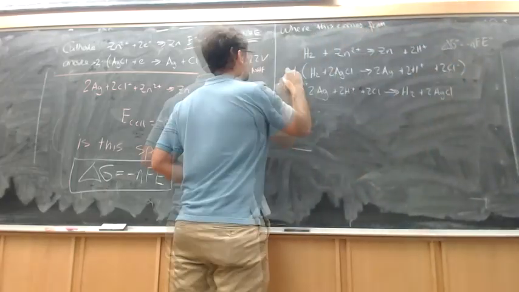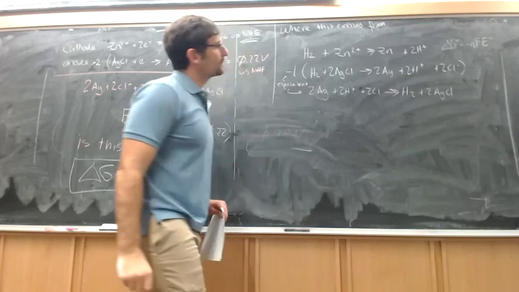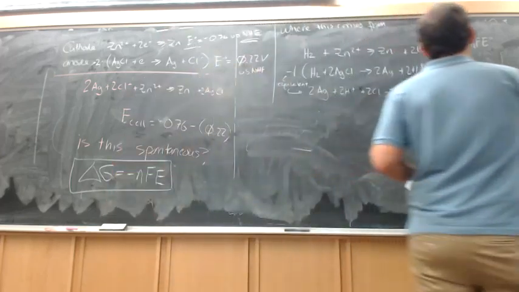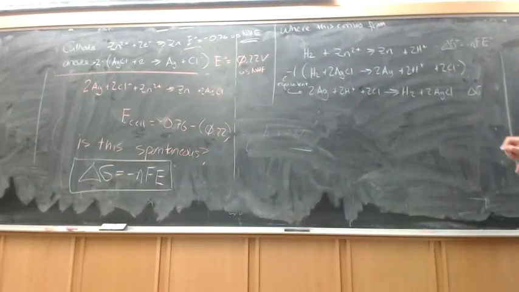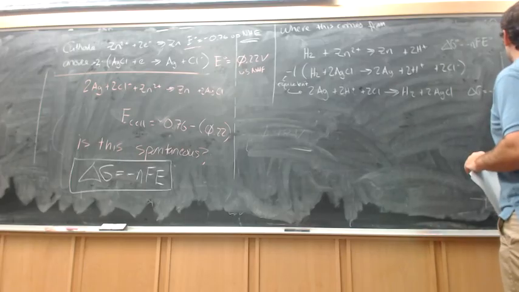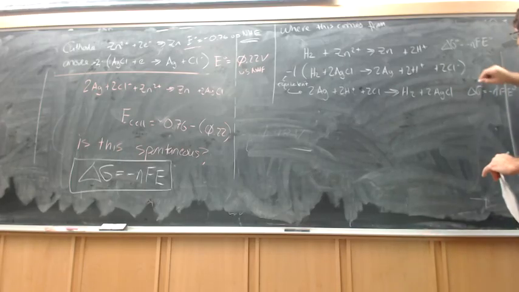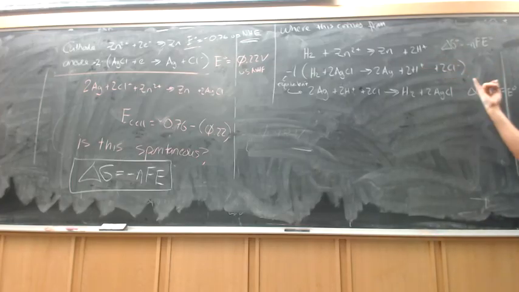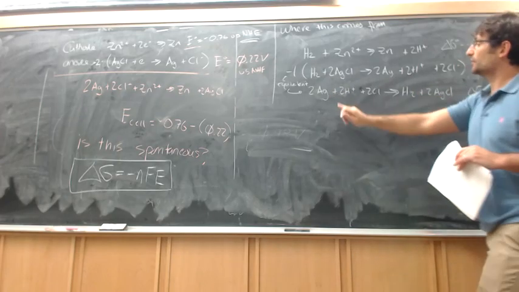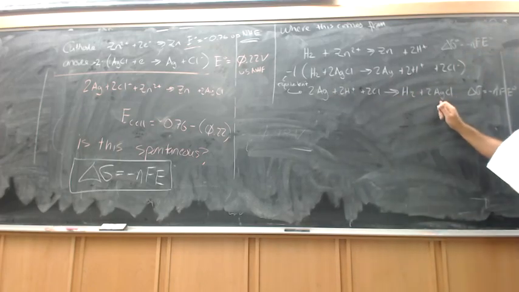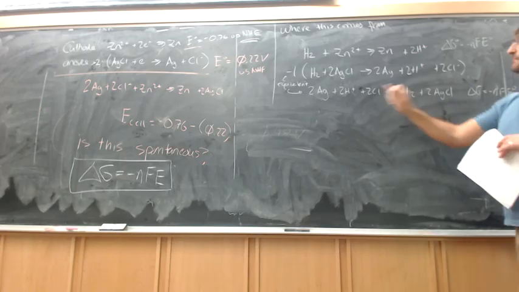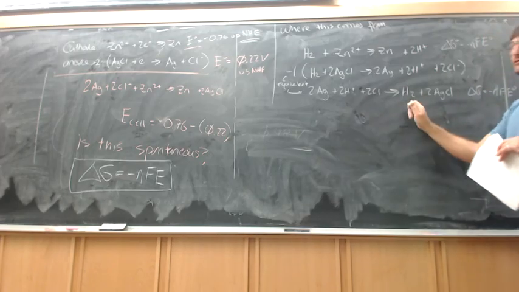These are equivalent. And this is described by delta G equals negative NF E naught for the reduction reaction, but now I flipped the direction of the equation. This is now the oxidation of silver, right? By protons, to make hydrogen gas.